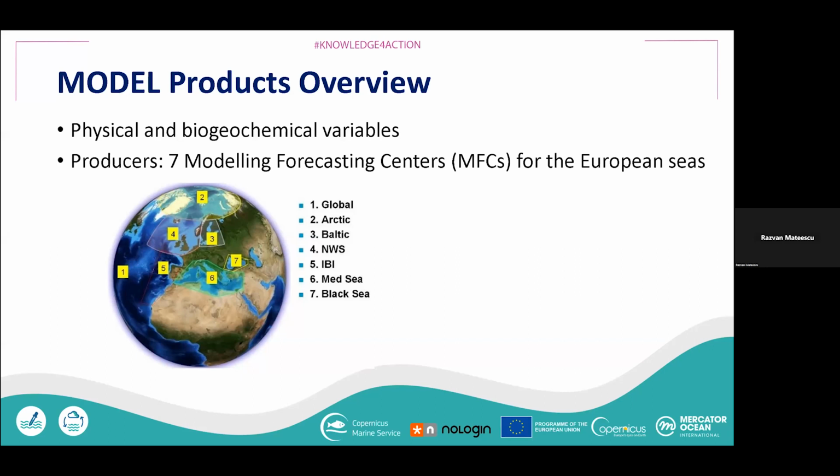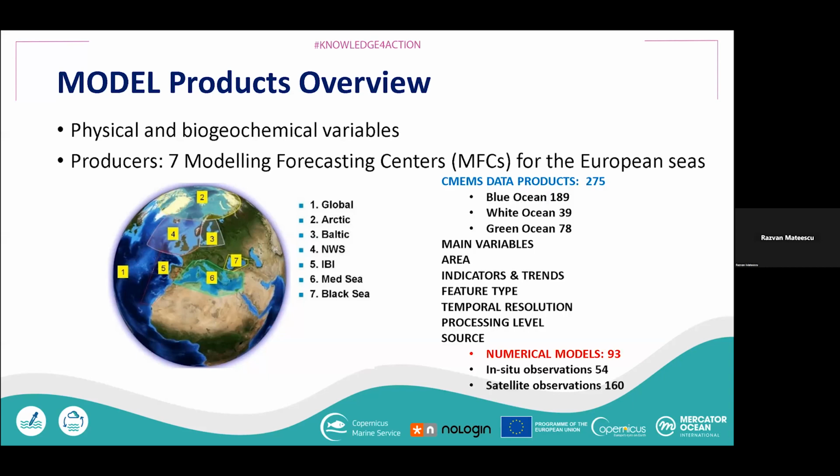In the domain of model products, for all these European seas, there are 7 modeling forecast centers providing data for all European seas. And here models are related to physical, but also biochemical variables of ocean dynamics.